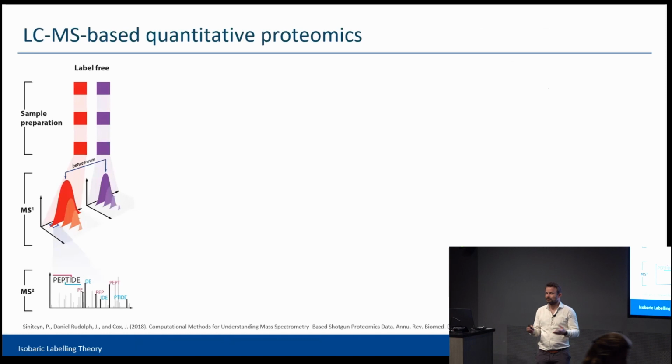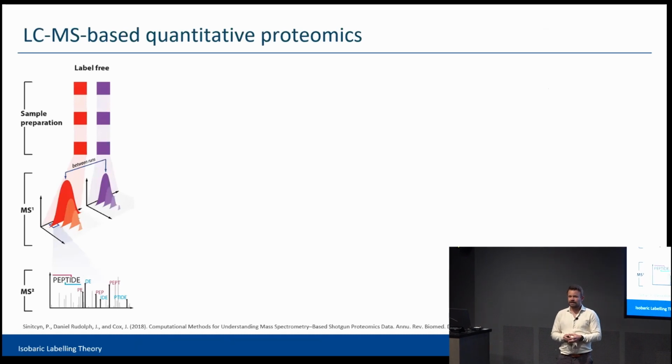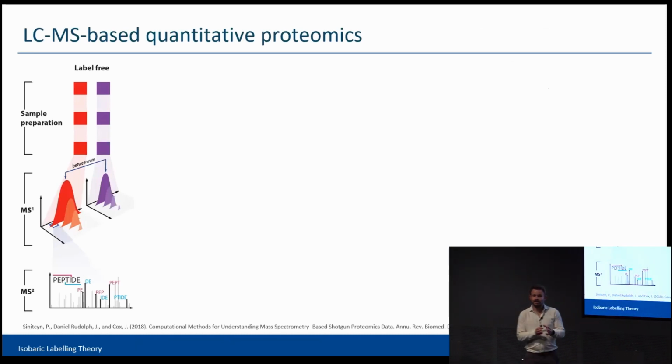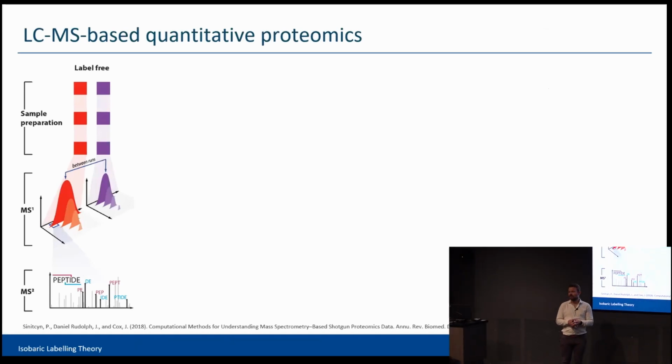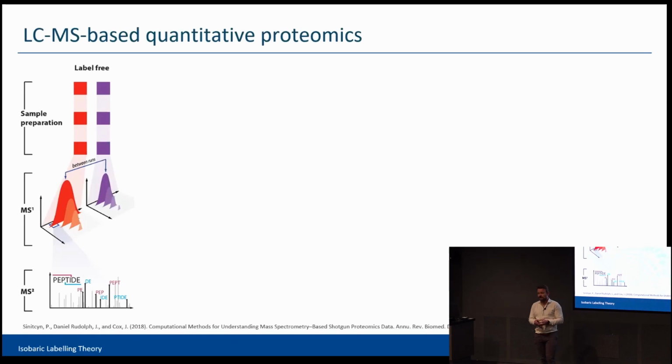Then they're also measured without any labeling, just two parallel runs, and then quantified against each other. This is very easy from the experimental side, but on the other hand, it is quite challenging on the algorithmic side. You learn things about matching between runs, retention time alignments, and all this normalization business to do a proper analysis of label-free data.